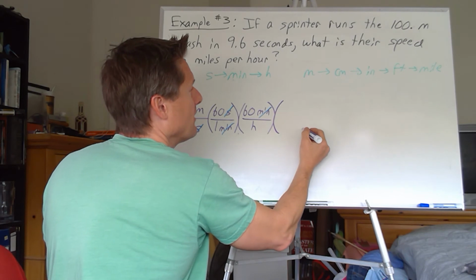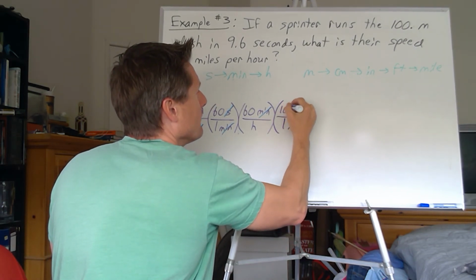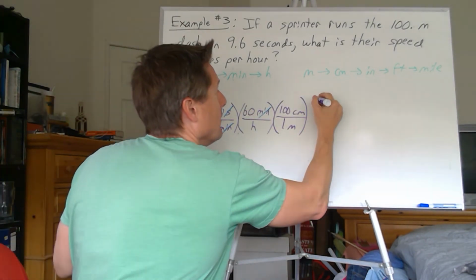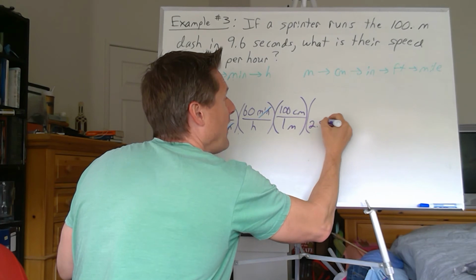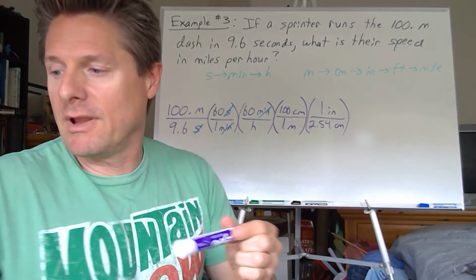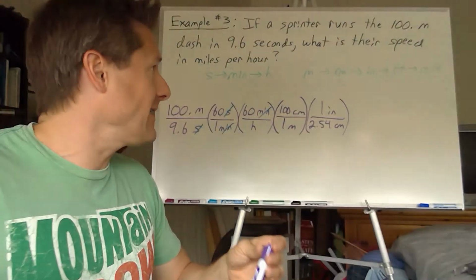So let's put meters on the bottom. Let's go to centimeters. For every meter, there's 100 centimeters. See that? There are 2.54 centimeters per inch, says our trusty table. That's exact.